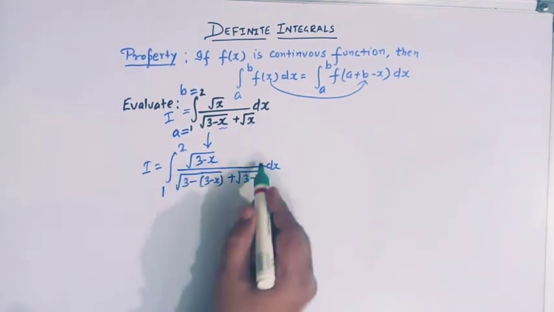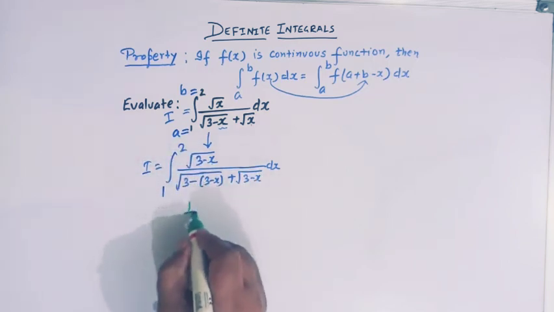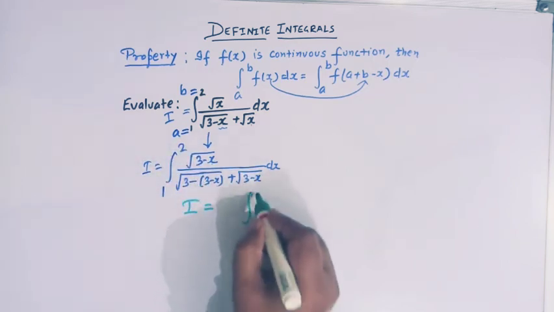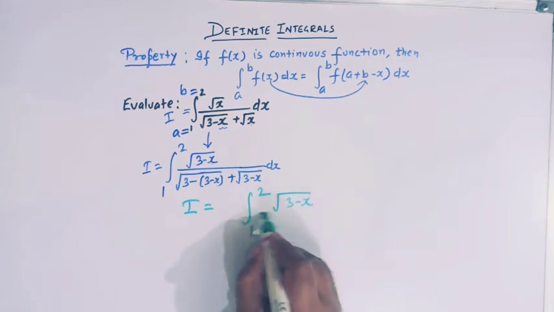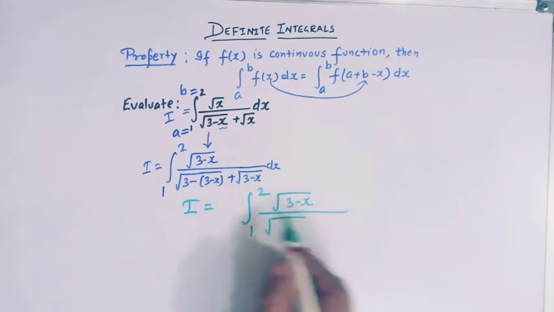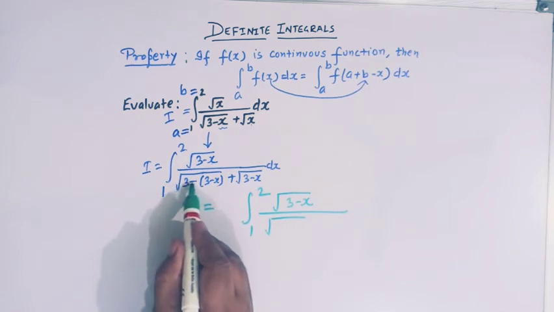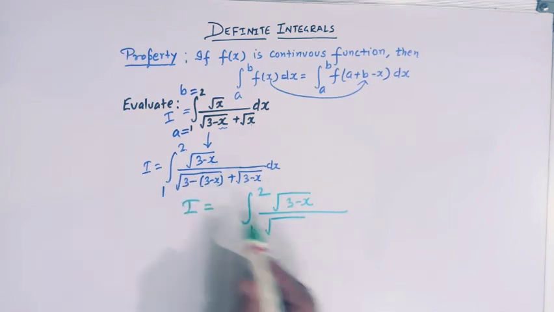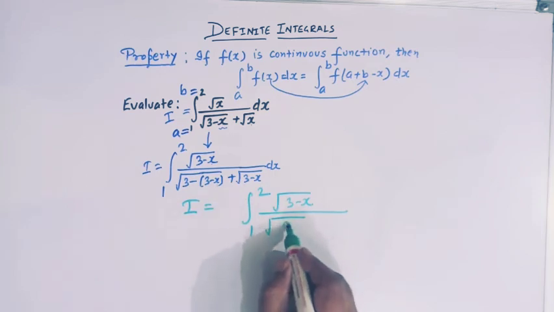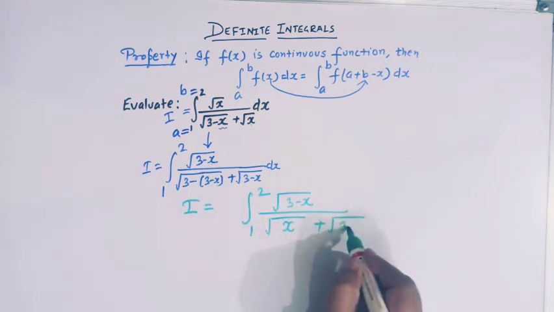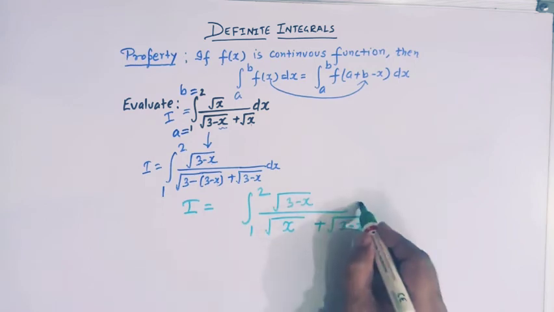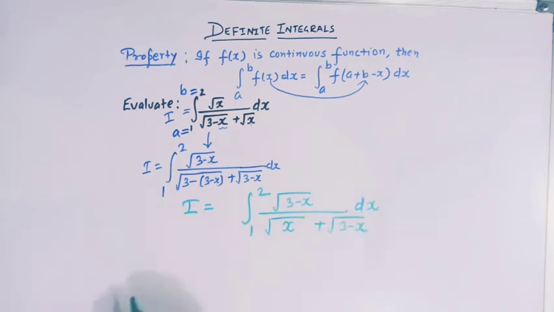Now this integral becomes the integral from 1 to 2 of square root of 3 minus x divided by 3 minus 3 plus x. So 3 and 3 get cancelled, and we are left with only x plus square root of 3 minus x, and here we have dx.